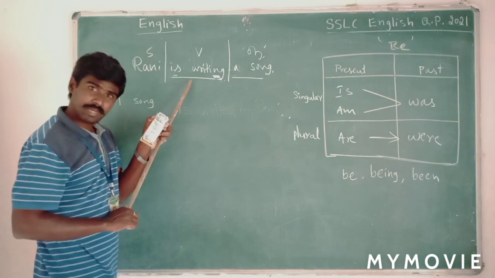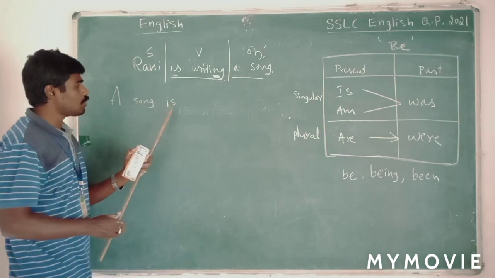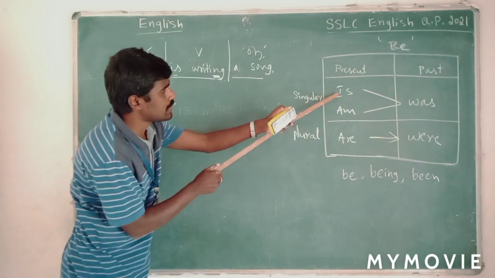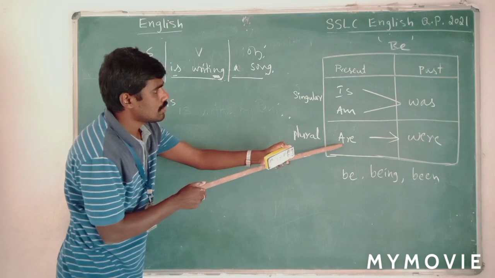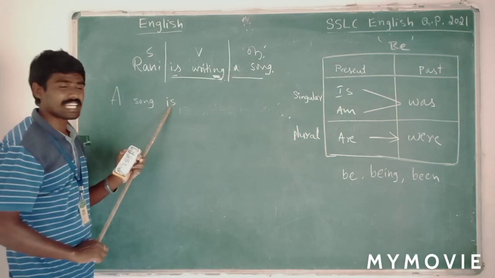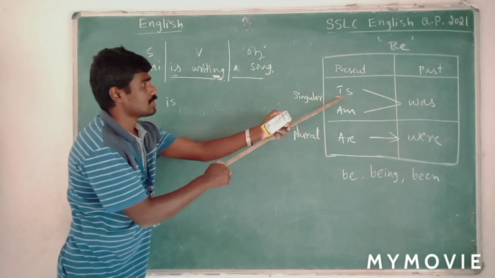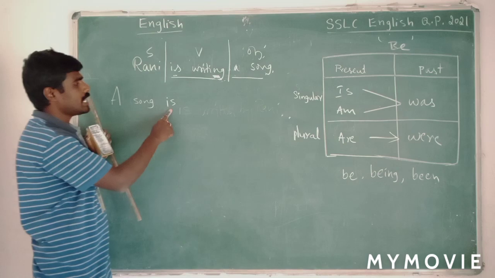Now it is in present tense. We have to use the present be verb. In present be verbs, we have three be verbs: is, am, are. Why should we use is here? Because a song is singular. Singular is, right? A song is.